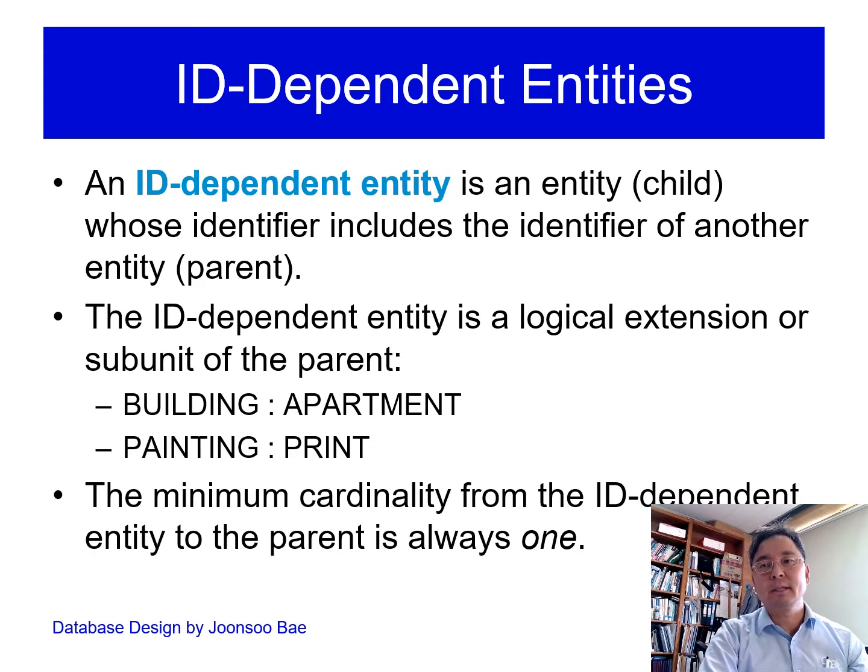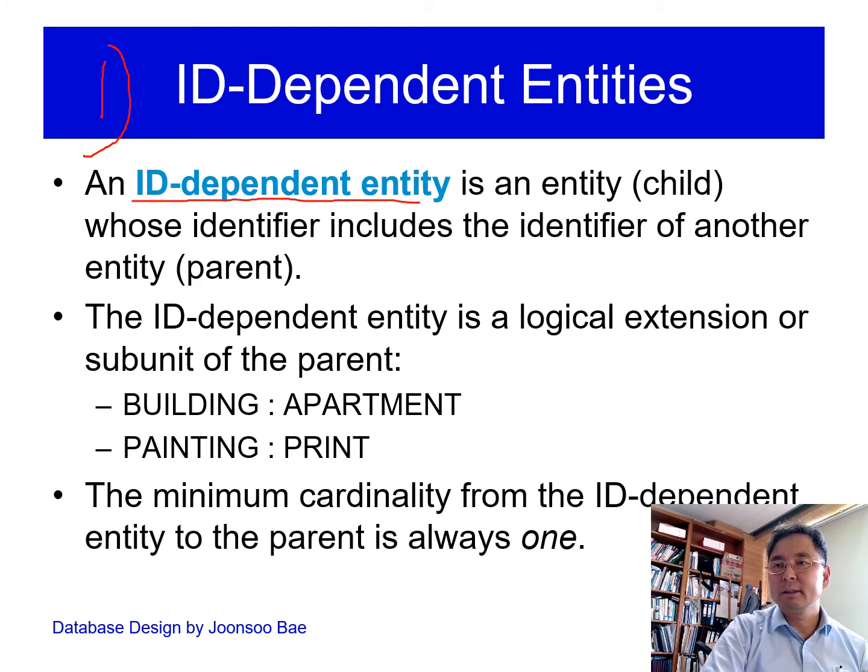So the first case of entity is ID dependent entities. There may be many kinds of entities, but the first entity type is the ID dependent entity. Here, ID represents identifier.